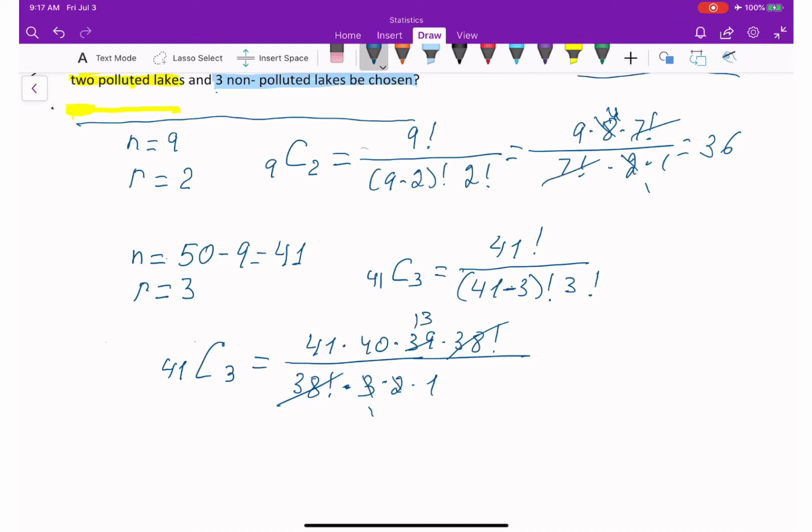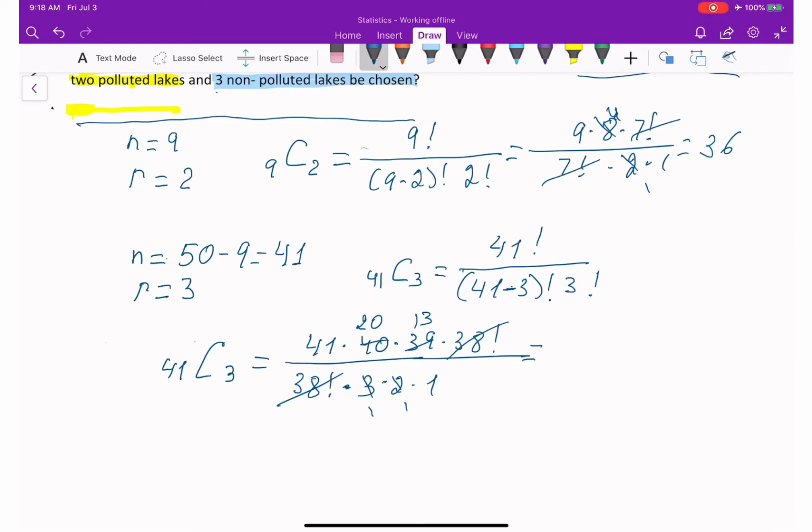And 2 I can cancel with 40, 20. And that's a result. Please multiply for me. 41 times 20 times 13. So 41 times 20 times 13. It's going to be 10,660.